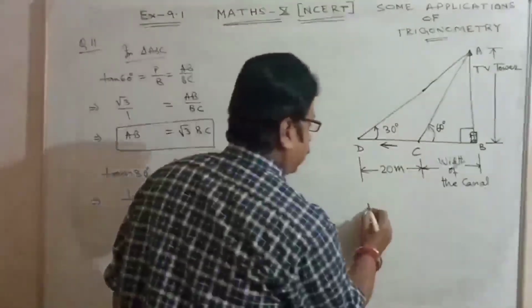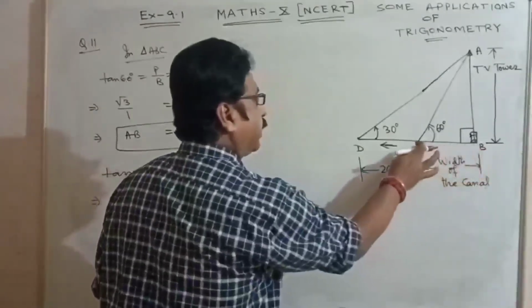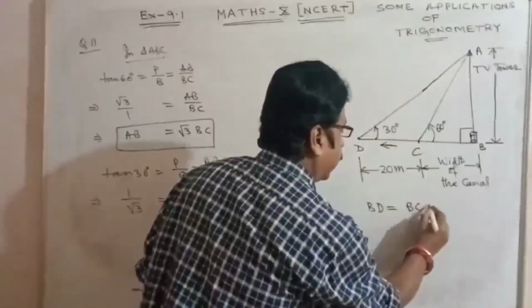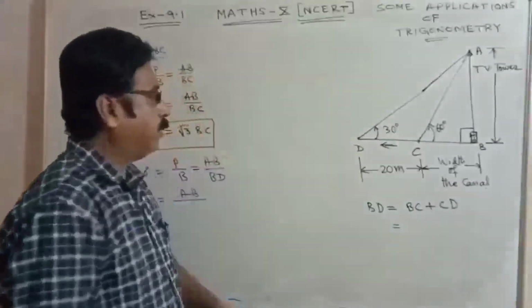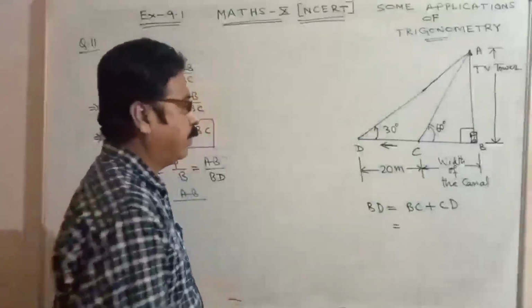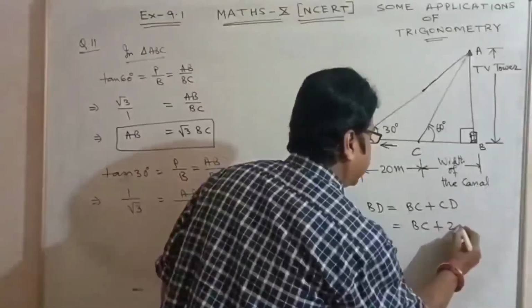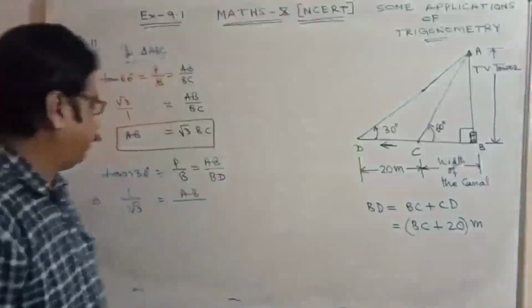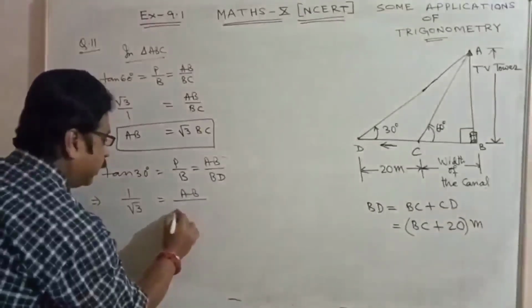Now BD is BC plus CD. We know CD is 20 meter. It will be BC plus 20 meter. So in place of BD, we can write BC plus 20.